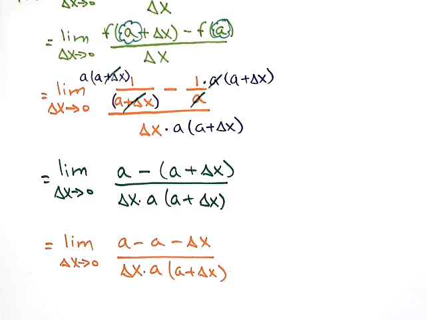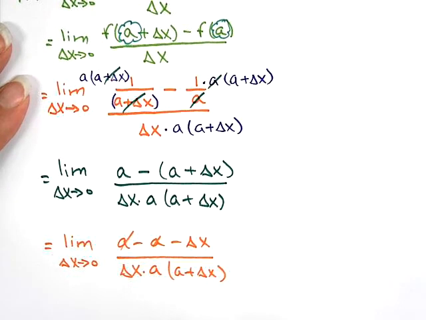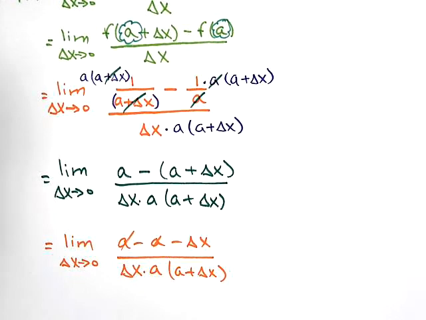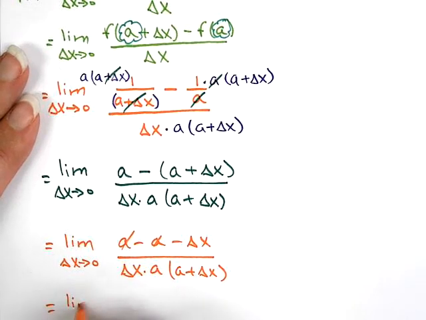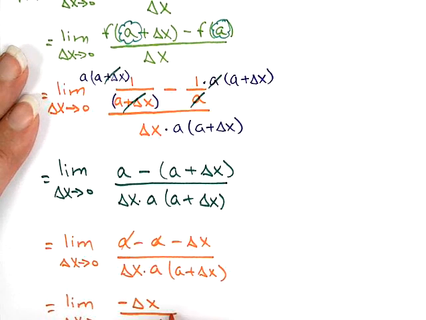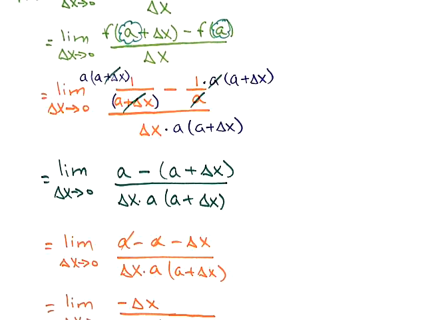And hopefully you guys see that those a's cancel pretty nicely right there. And we have the limit as delta x approaches 0 of negative delta x over delta x times a plus delta x.